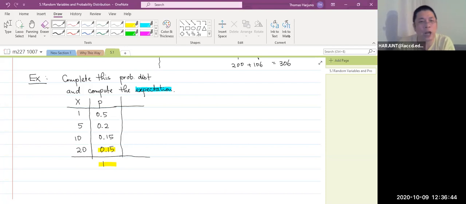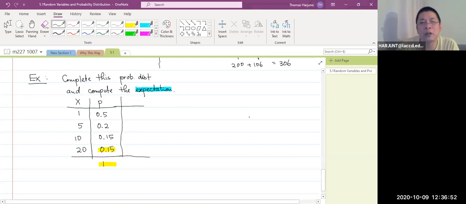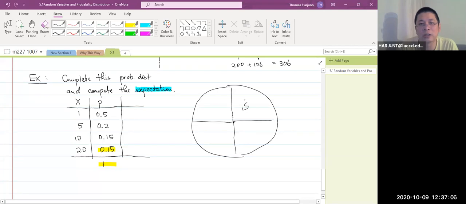I can put some storyline here. Suppose for example you go to a casino and you are told to spin this wheel here, and half of it is, let's say, $1. And then 0.2, approximately this big here, is $5.